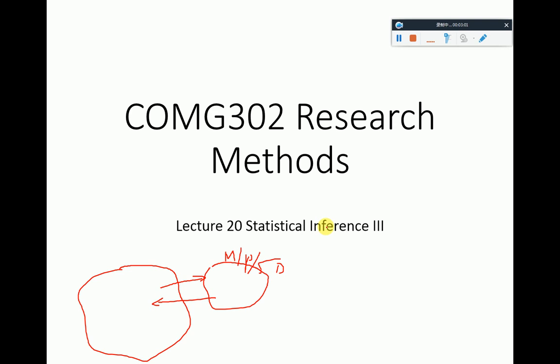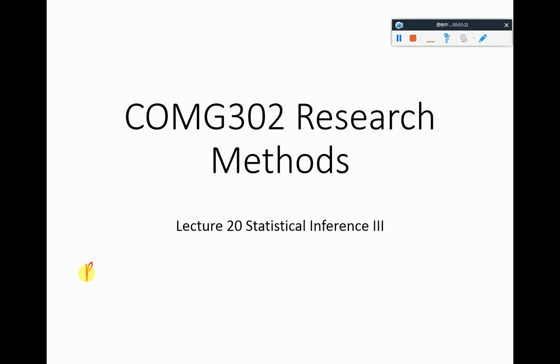And we said that there are in general two kinds of inferential statistics, or two kinds of estimates, right? First of all, we can have a point estimate, and then we can have an interval estimate.